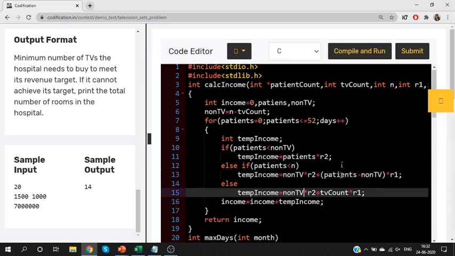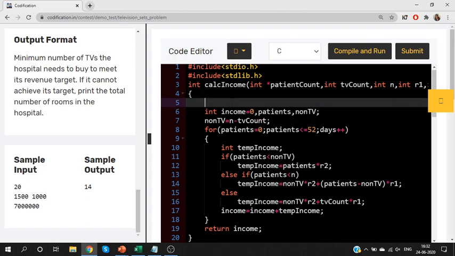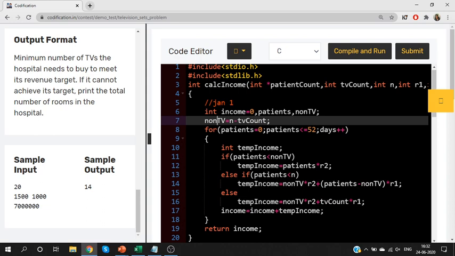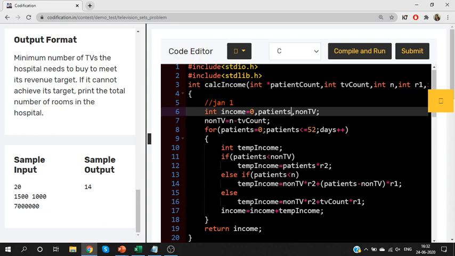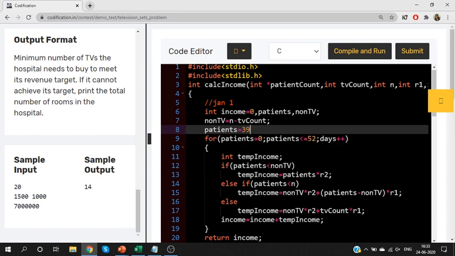Okay. So now, for example, consider Jan 1st, guys. We are very familiar with Jan 1st. When I am working with Jan 1st, the number of patients will be 39. So we will be working with patients as 39.